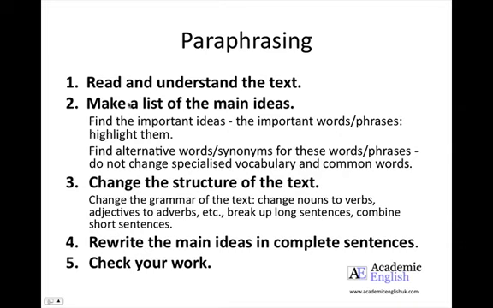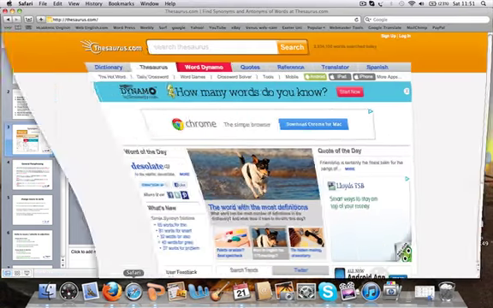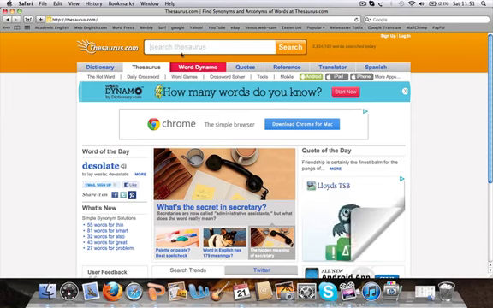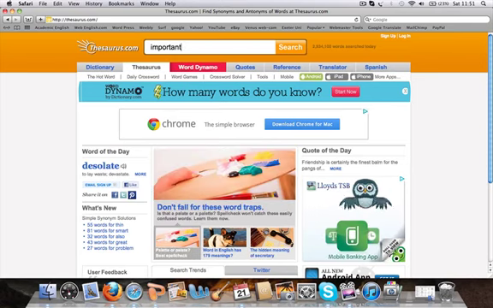In number 2, where you make a list of the main ideas, it's important to find alternative words and synonyms. I suggest using an online thesaurus, such as thesaurus.com. In thesaurus.com, you can, in the search box, put in the word you would like to find a synonym for.